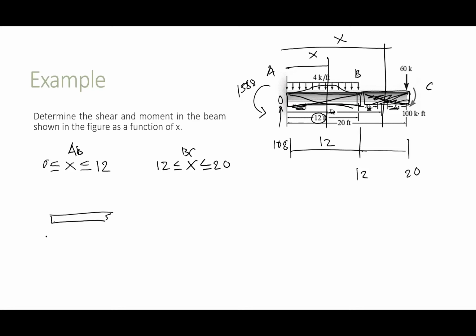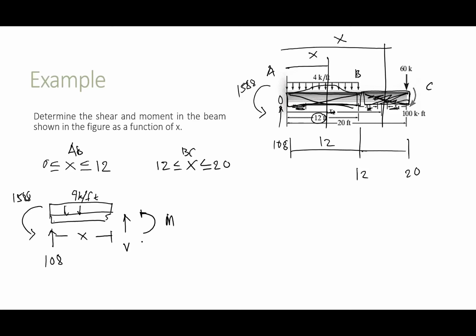We have here 108, and then I hope you try to solve the reactions also, tapos paki-correct kung mali yung lagay ko. So, this is 4. Tapos, ito na yung distance x.